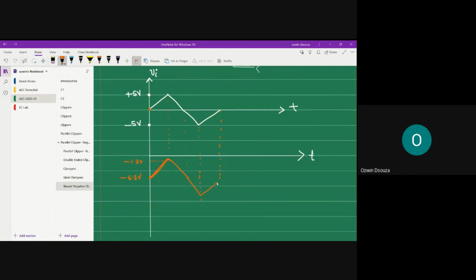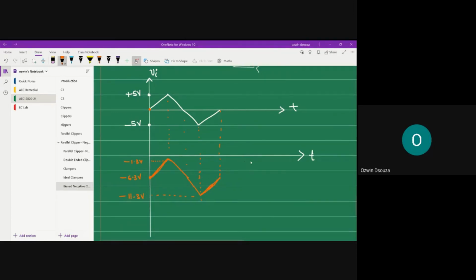So somewhere here. Okay, so this voltage is at minus 11.3.